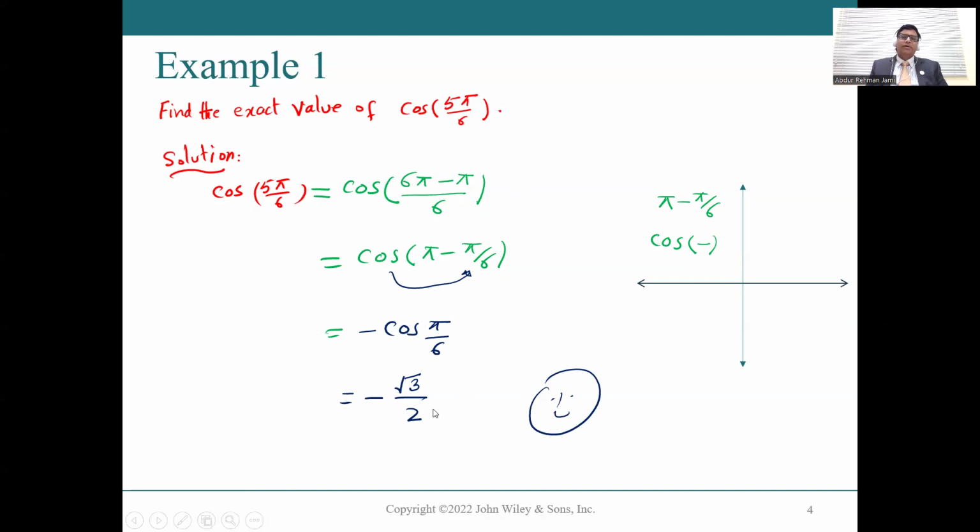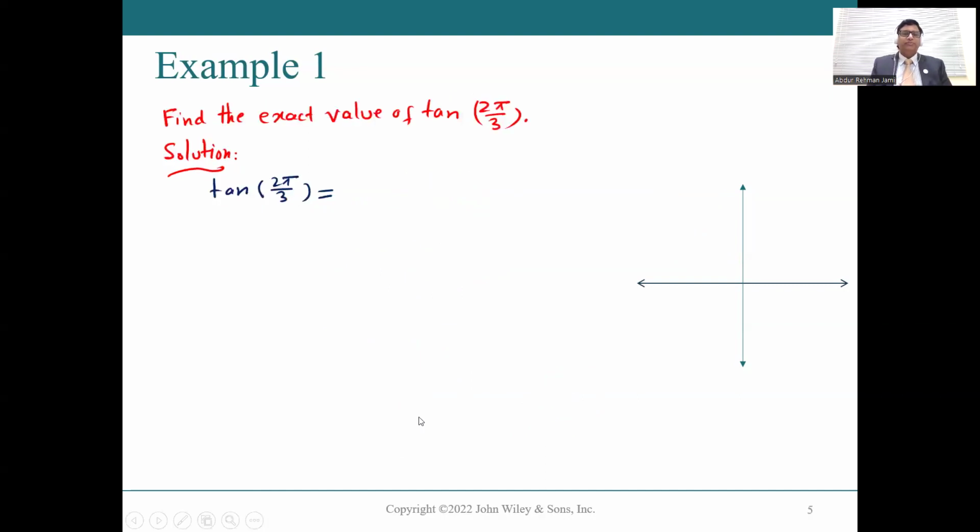Yes. This question now, it's a tangent. The exact value we have to find. Do it in the same way. We know 3 pi minus pi is the same thing as 2 pi.